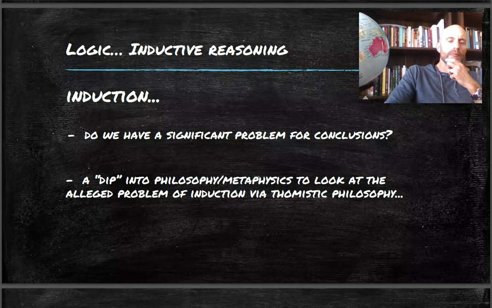Now, induction, it seems like, if all we have are these observations, then we really aren't justified at all in drawing any type of conclusion other than probability. But simply coming to these conclusions for the sake of probability doesn't seem very satisfying. It almost sounds like a euphemism for just a really good guess. Unless, and here's the key, unless something like the Aristotelian Thomistic understanding of metaphysics is true.